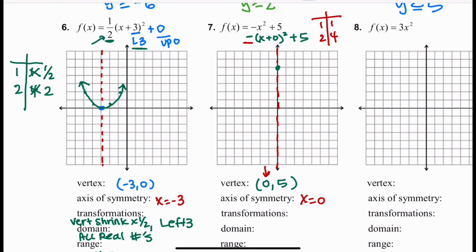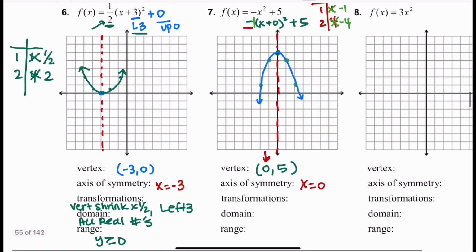So we have 1 times a negative, which is -1, and 4 times -1 is -4. Over 1, down 1, over 2, down 4. And then we reflect it over the axis of symmetry and complete the graph into a smooth curve.